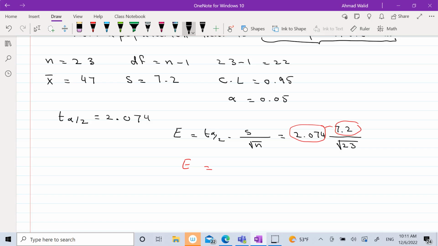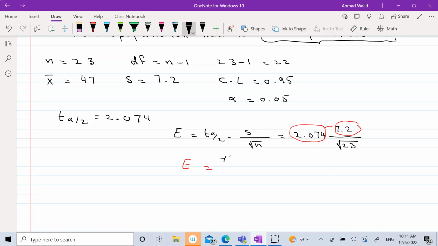If I multiply the two numbers on the top, 2.074 times 7.2, enter. It gives me 14.93.